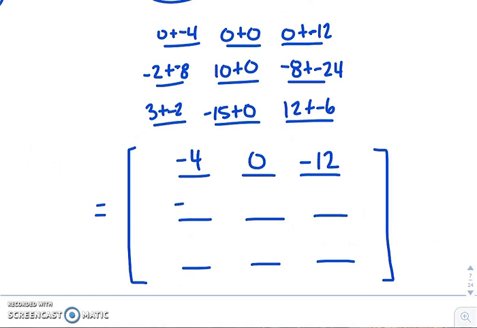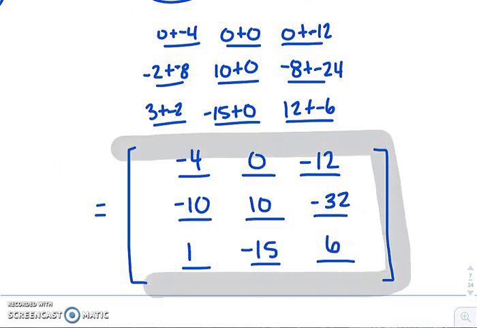Negative 12. Negative 10. Positive 10. Negative 32. Positive 1. Negative 15. And positive 6.